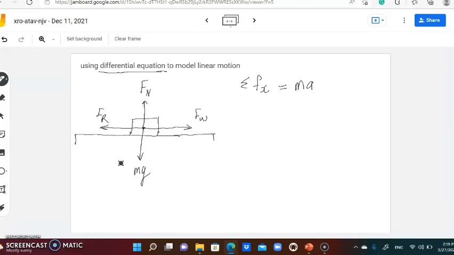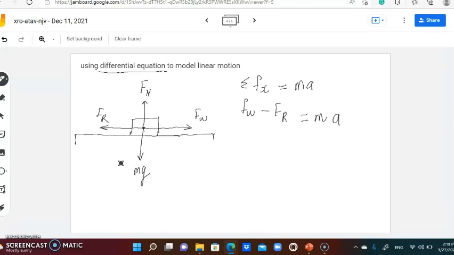My forces acting in the x direction are my force that is causing my object to move, and my frictional force that is going in the opposite direction, which is equal to mass times acceleration.